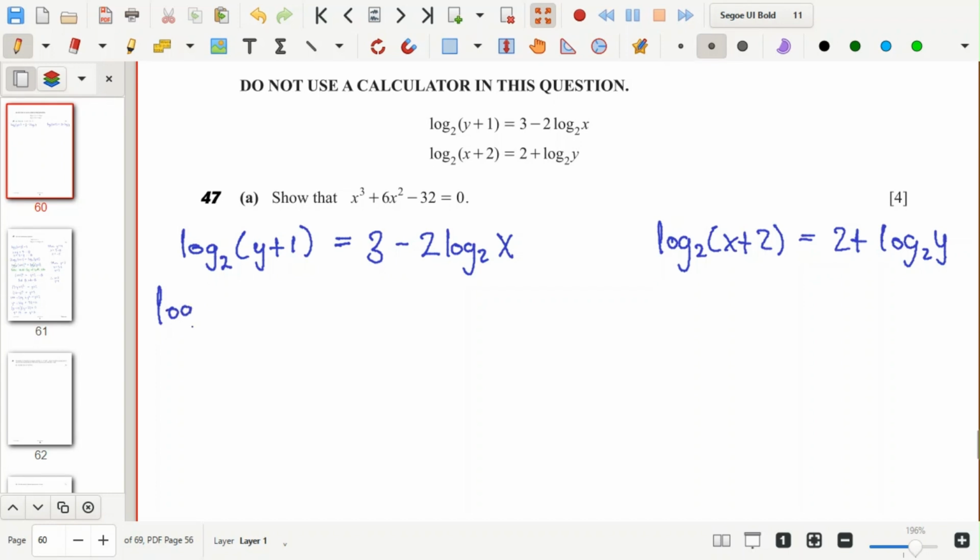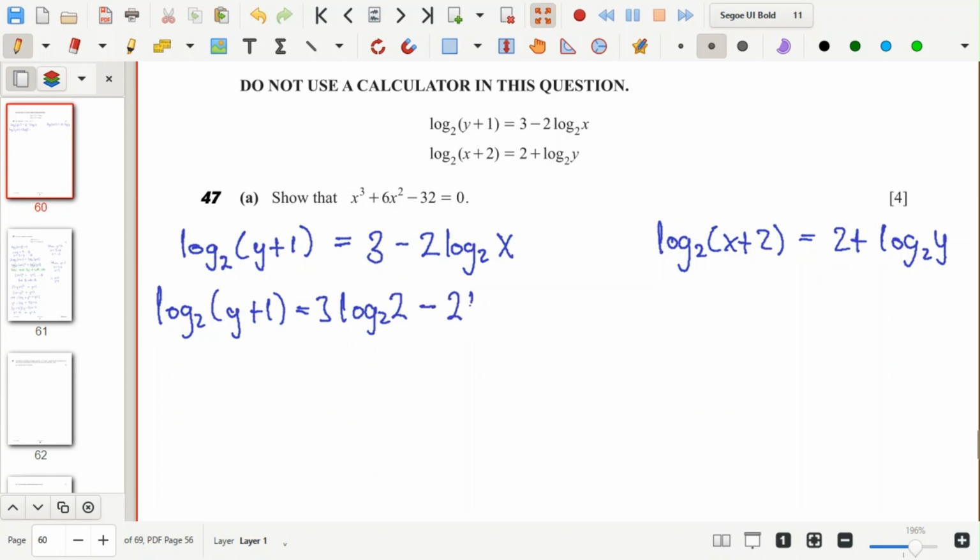This is the same as log 2 to the base 2. You know, this is the same as 1, right? So 3 times 1 is the same as 3. So 3 can be written like this in this case.